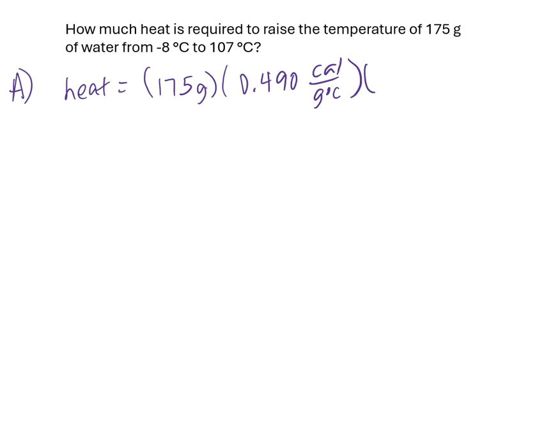And then our change in temperature. So here, even though we're going from -8 to 107, the change that we're talking about is just what does it take to get us to the point in which this solid reaches the melting point. So we're really going from -8 to 0 in order for this melting process to start.